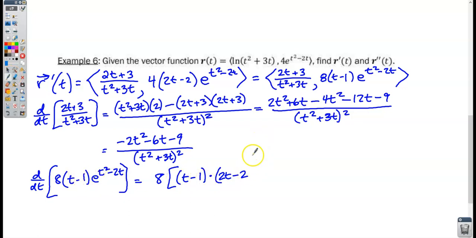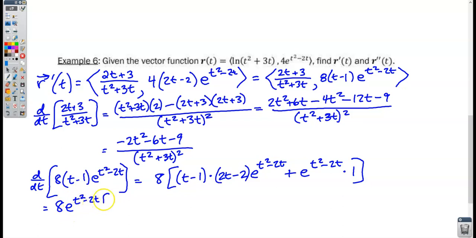Okay, so t minus 1 times 2 minus t times e to the t squared minus 2t plus e to the t squared minus 2t times the derivative of the quantity t minus 1, which is just 1. And so I can factor an e to the t squared minus 2t out of this.